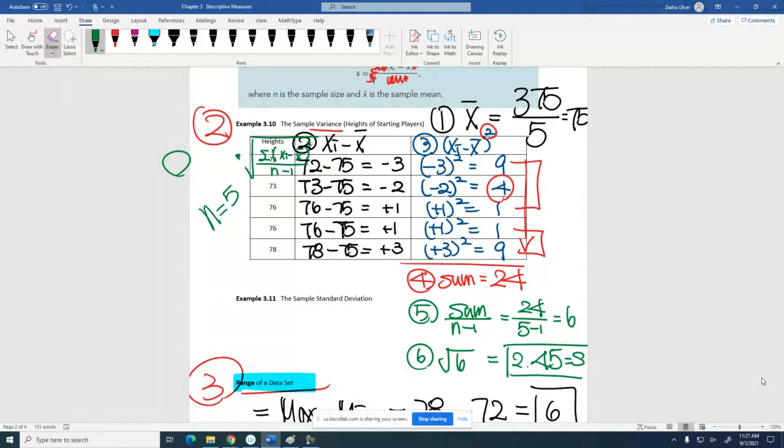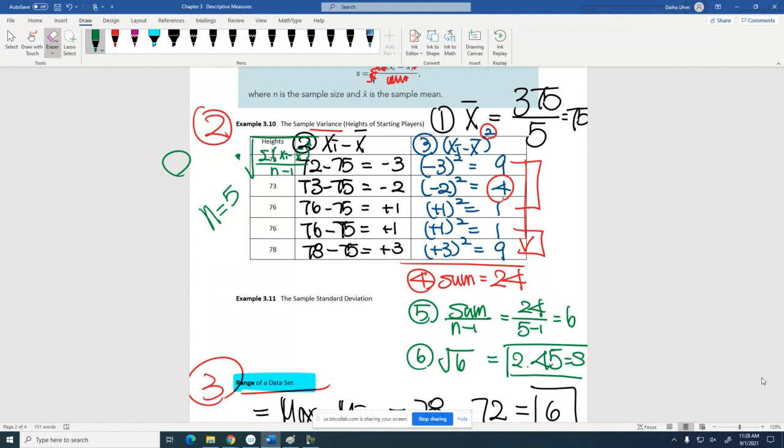Any question? How many statistics do we have for the measure of the variation? I told you 3, right? We discussed how we can get the range. And now we have 6 steps for the sample standard deviation. And what was the name of the second one? The sample variance, right?